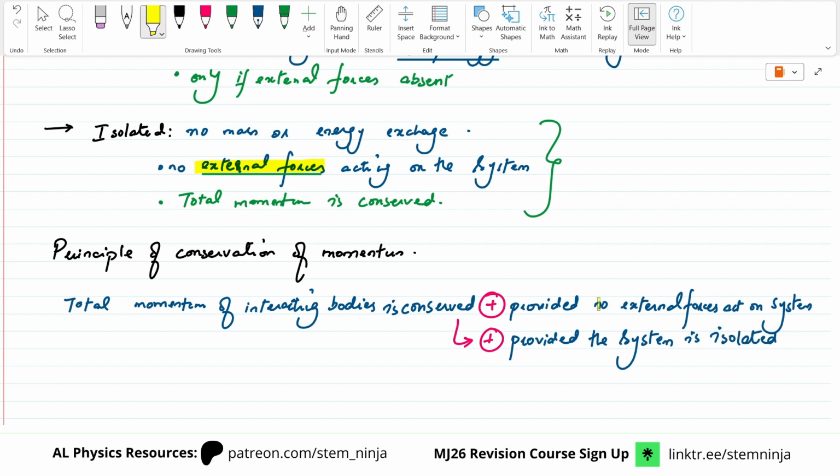Either way, you can write no external forces act on the system or the system is isolated. That's your choice, but only one of them is required. Even if you say isolated system, that would mean the same thing.